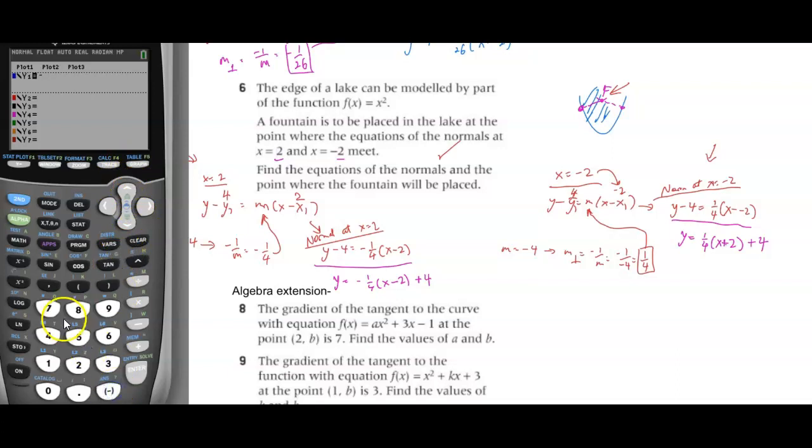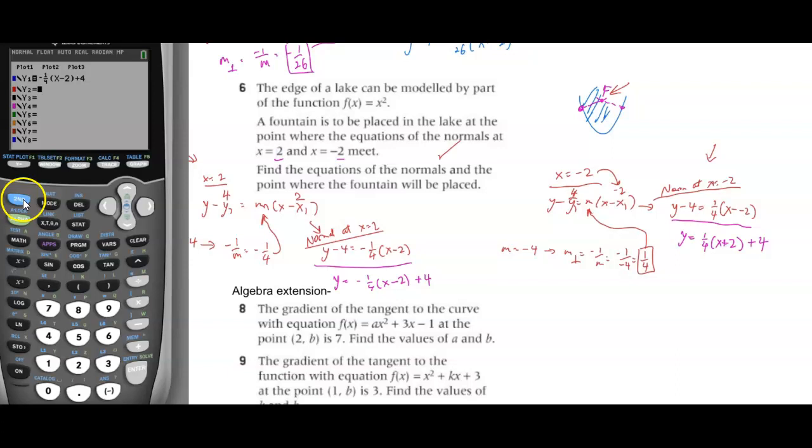So I'm going to do negative vertical fraction, -1/4. Makes it a little easier, less parentheses. If I put -1/4 with a vertical fraction, then I'm going to do x minus 2, close parentheses, plus 4. Okay, so that was my first one. My next one is going to look pretty similar, except for I don't have a -1/4.